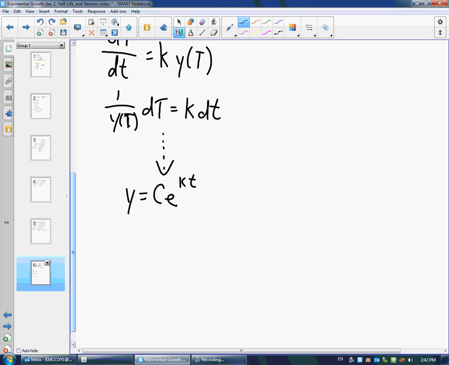The biggest thing to remember is that y and c are both functions of temperature, which means you're going to have to use Newton's law of cooling on both of them.